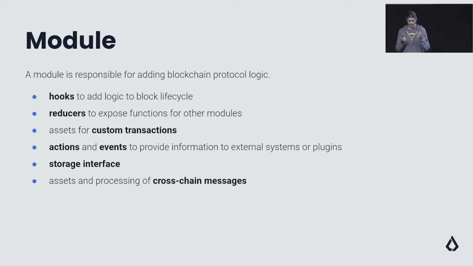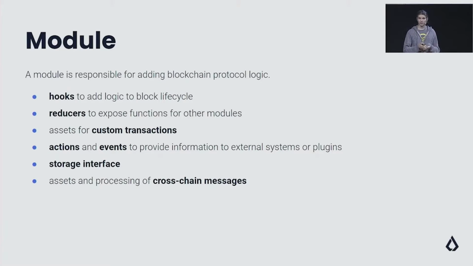So modules are at the core of a Lisk blockchain. Modules are responsible, in particular, for adding the protocol logic to the blockchain. To do so, they define hooks that inject this protocol logic during the block lifecycle. They define reducers, which are exposed interfaces to other modules.